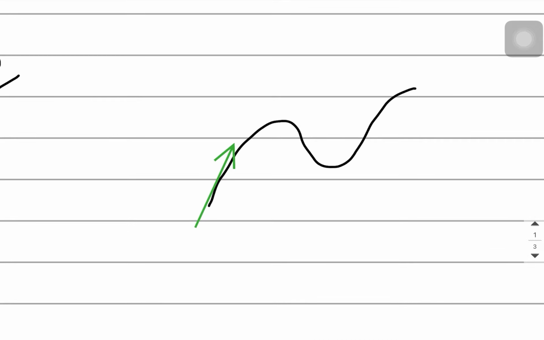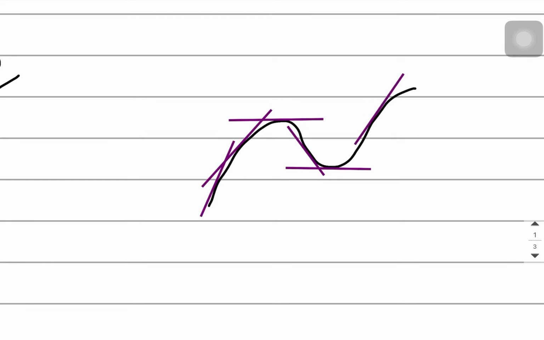If I take out the gradient at this point, that is going to be another different one. So I will draw a tangent at that point. If I want to calculate the gradient of any particular point of the curve, I will draw a tangent on that point. So by the pattern of that tangent, I will find out the pattern of my curve.